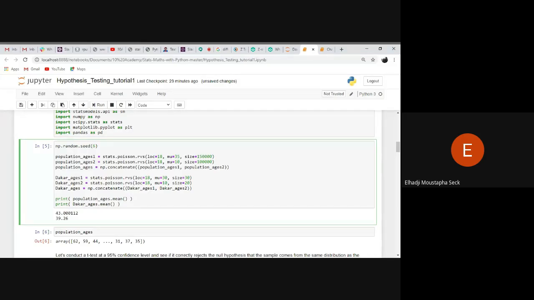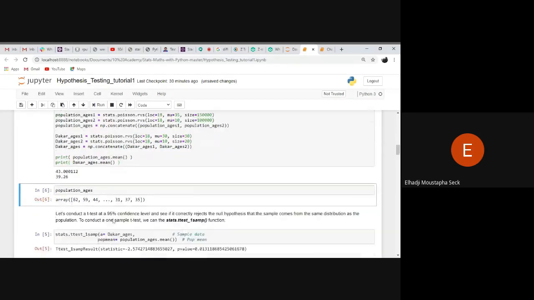So see, when I compute the mean of these two, the population and my sample, I have this. Okay, someone might say they are not really far, or someone might say they are not different. 43 and 39, they are not the same. But we are not sure. Statistically, what we think might not be the truth.